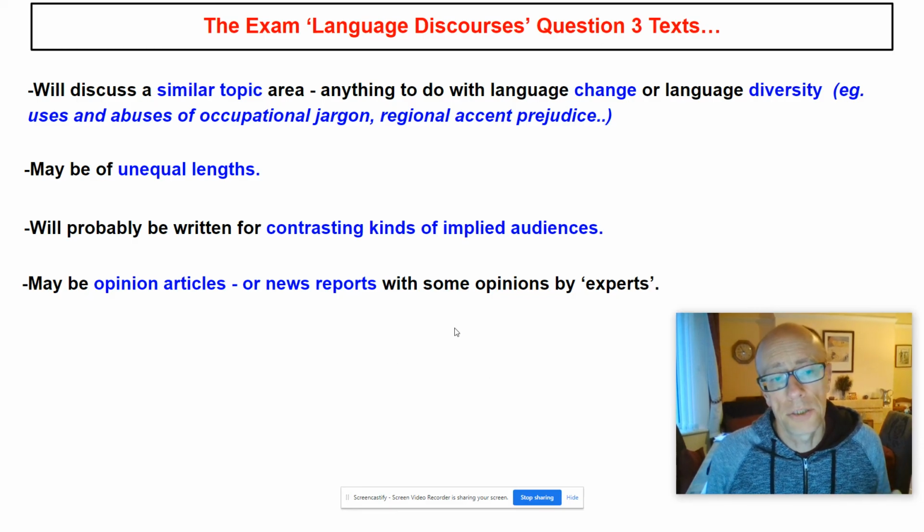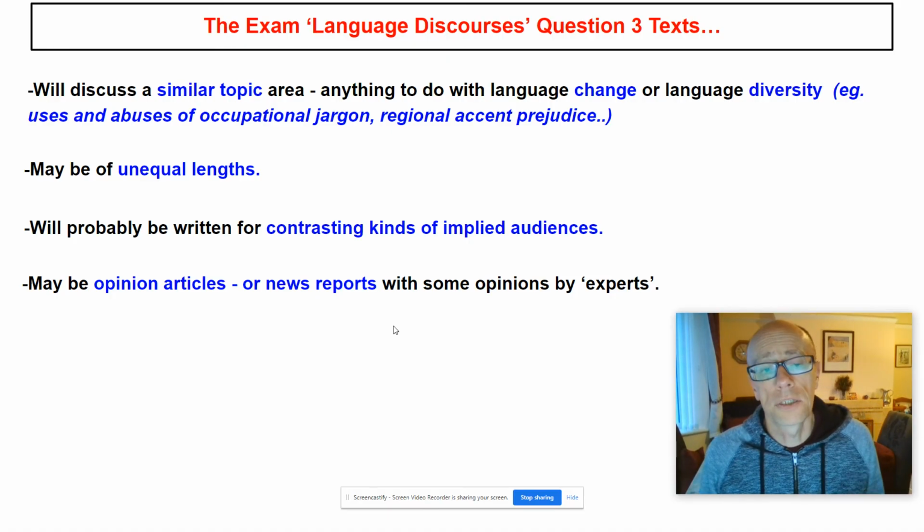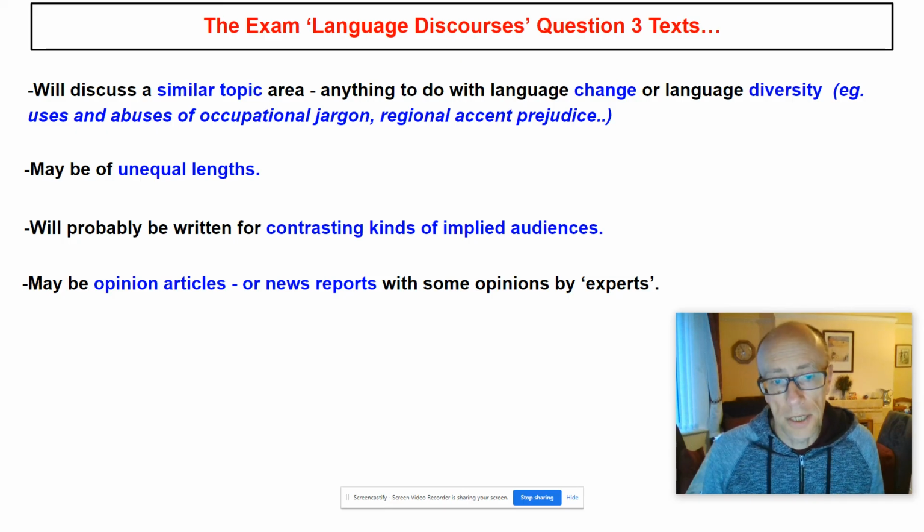So the 2 pieces, both of them may be opinion articles, where it's just one journalist who's giving a viewpoint, but not necessarily so, because they could give you things like news reports, and in those news reports it will have certain opinions that are being put forward by so-called experts. So be on your guard for that.